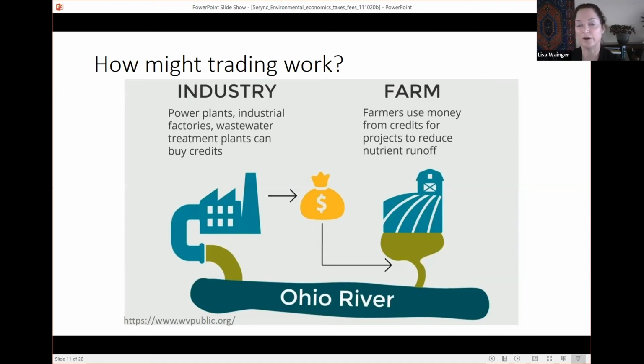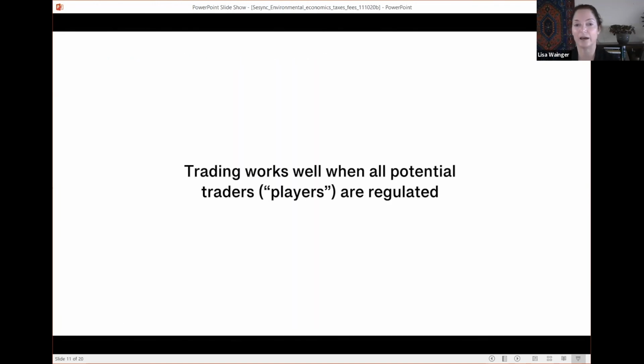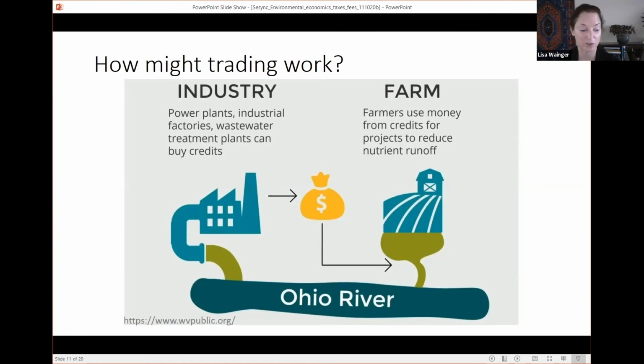The problem is the farms are not regulated, and therefore they have much less incentive to participate. Most of the trading examples we have that have worked have been when all the players were regulated. So everyone had to reduce, and it was just a matter of finding the cheapest way to reduce. In this case, farms don't actually have to play. That is one of the big impediments to water quality trading, among others.